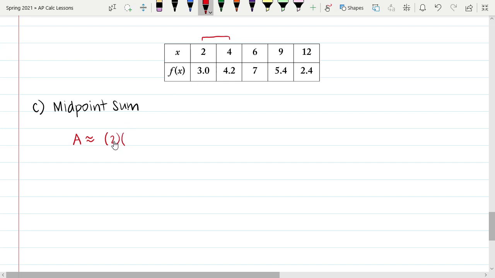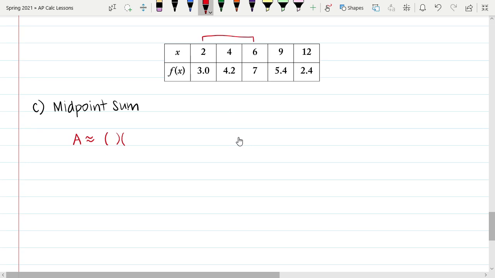So I can't use a value that I don't have. But if you notice in the table, if I go from 2 to 6, the midpoint of that rectangle would be at 4, which I do have. So again, when you're doing a midpoint sum, you do have to check a little bit more carefully because you do have to make sure that the midpoint that you're planning to use for the height is in fact in your table.